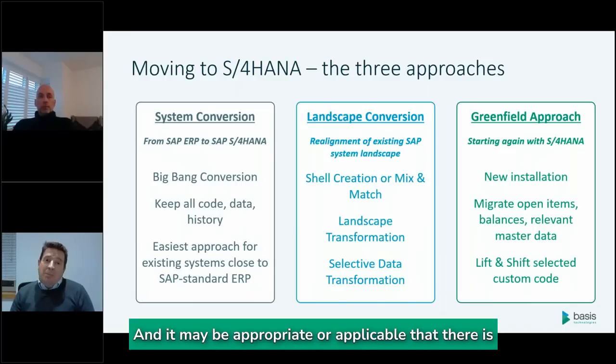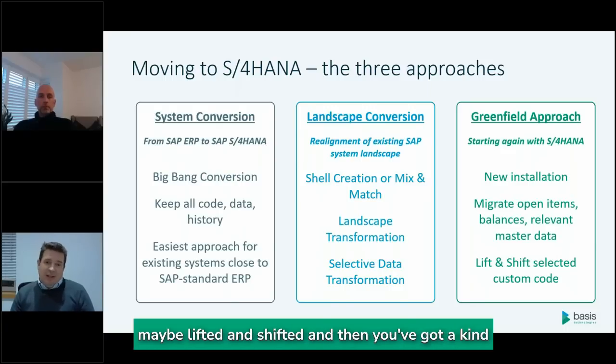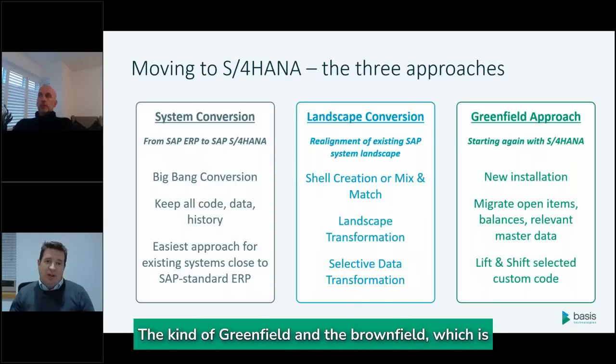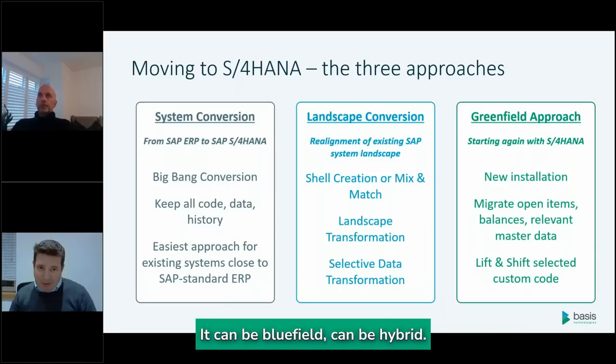And it may be appropriate that there is some custom code that you would want to retain, but maybe lifted and shifted. And then you've got an in-between of the two extremes, the Greenfield and the Brownfield, which is known by many names: it can be selective data transfer, Bluefield, or hybrid.